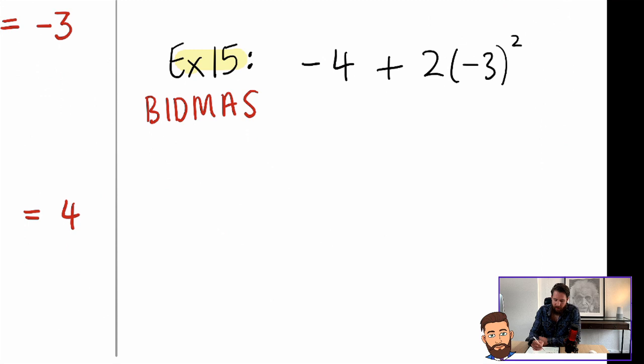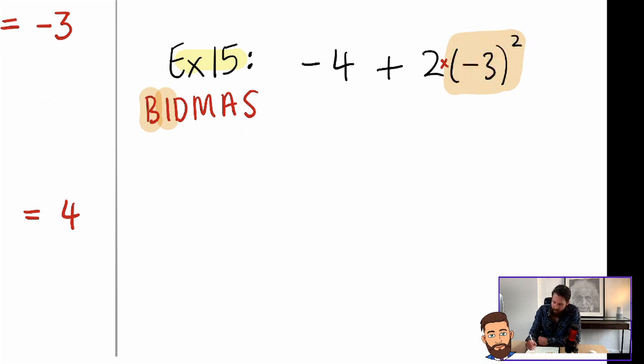Well, what would be the first thing that we've got here? We've got brackets and we've got indices, and the brackets and indices are an element together. So we're going to do that. The mistake here: this means 2 lots of minus 3 squared.